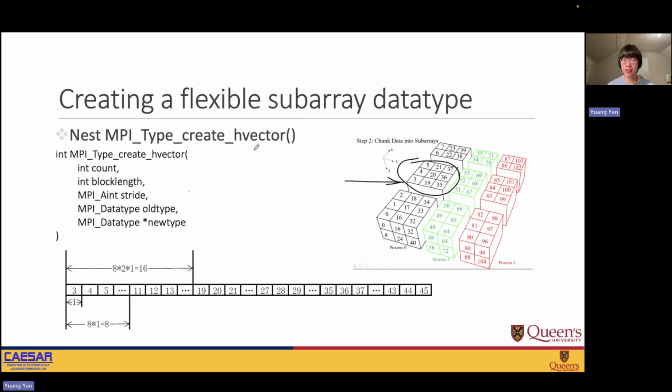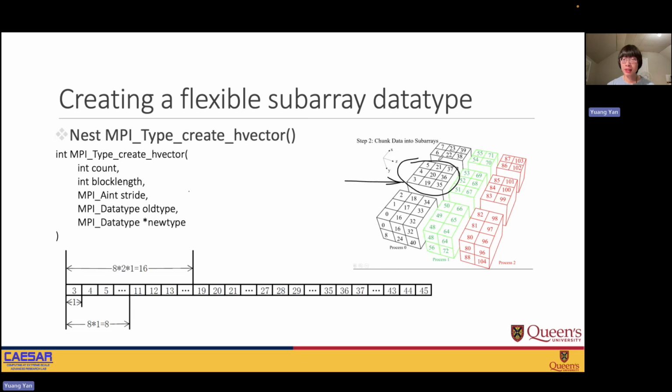A vector is a one-dimensional array, but after nesting several layers of vectors, by nesting multiple vectors in vectors again, we can achieve the XY plane data type. And by passing the XY plane data type to the vector constructor, we can now construct a 3D array. Based on this idea, we can create a subarray in this way.